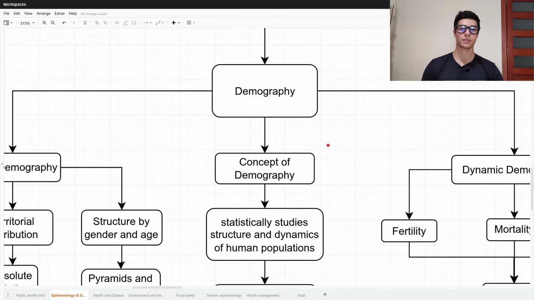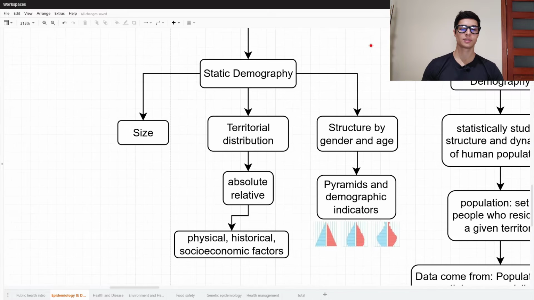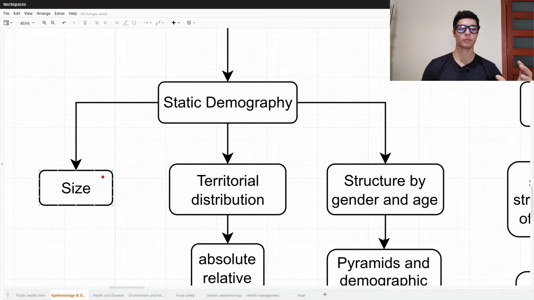And we have to differentiate between dynamic and static demography. Static demography is the demography that focuses on the size, for example, the territorial distribution or the structure by gender and age of a given population. What I'm talking about here is that these numbers do not change.